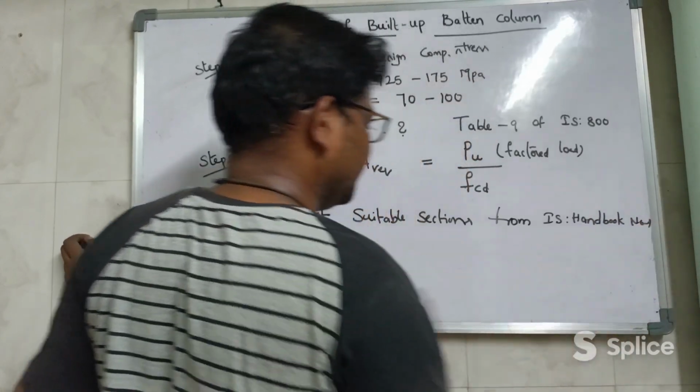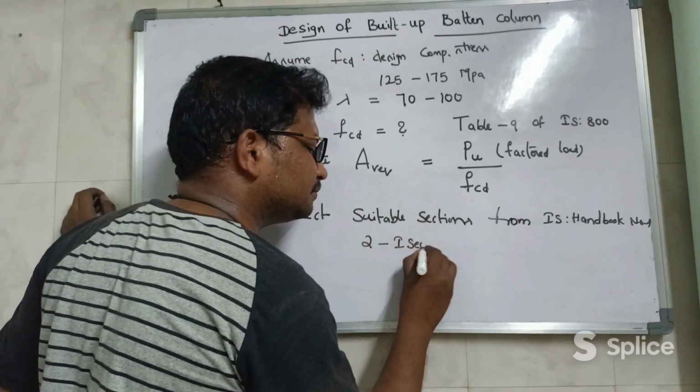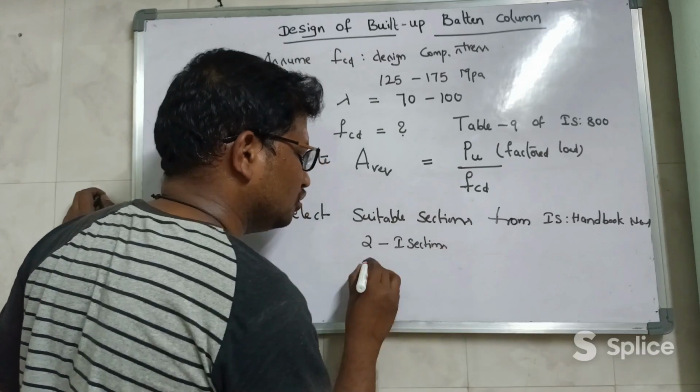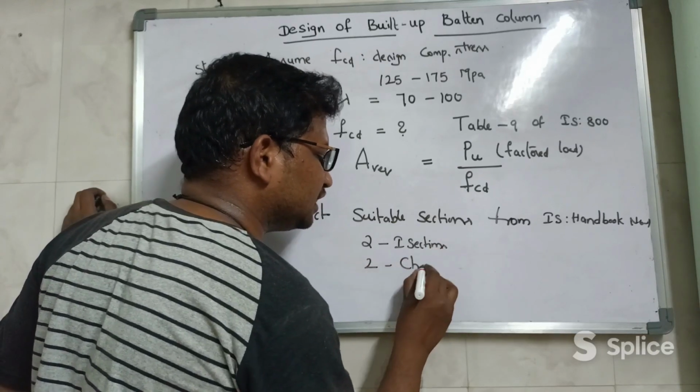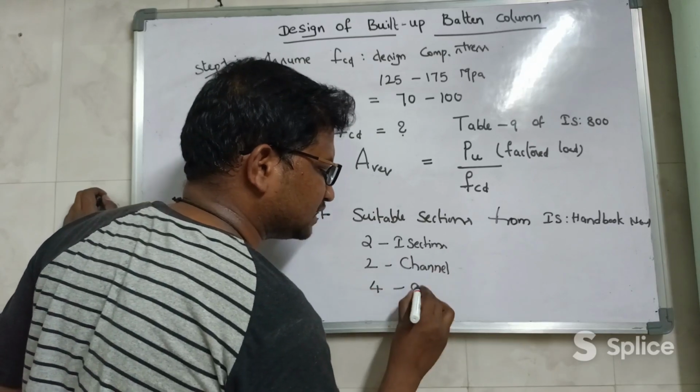You can select either 2 I sections or 2 channel sections or 4 angle sections.